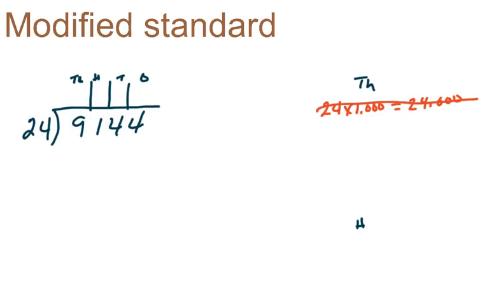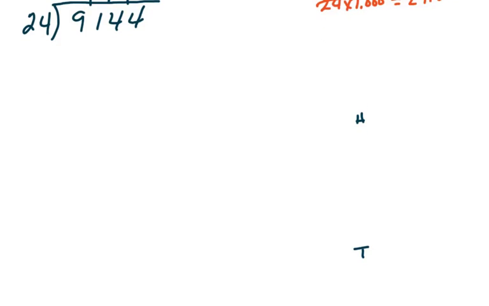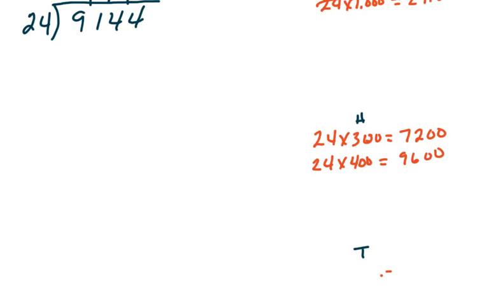So we mark that one out and we go straight to our hundreds. So when I use my hundreds, I'm going to start off with 24 times 300. That's going to give me 7,200. I'll go ahead and try 24 times 4 to be on the safe side. And that's going to give me 9,600. That is far greater than our dividend.